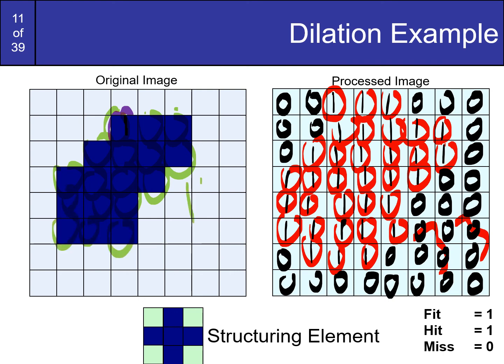So it's 17 increasing to 33. This is the effect of dilation on the object's pixels in the original image.